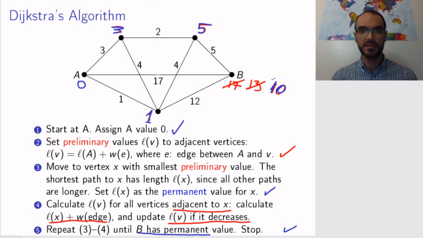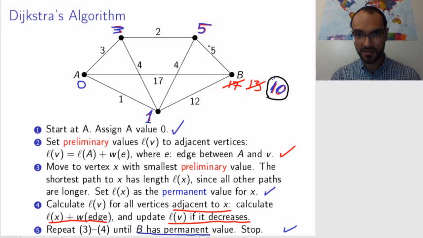I have my value 10. Let me use a different color. Which was the last step of the journey? Well, it cannot have been this 17 one, because there's no way this can have given me 10, nor this 12 one. So it has to be this one.